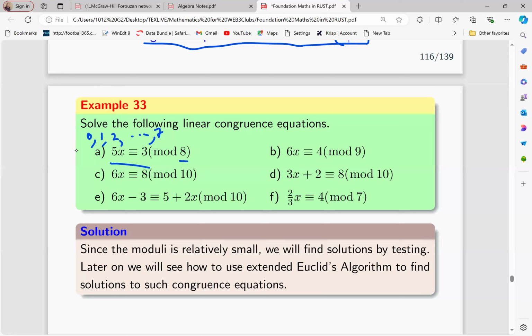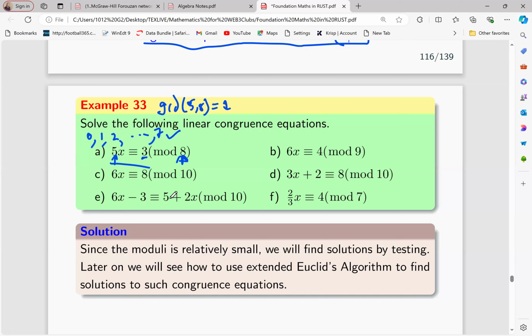Now let's try this. Of course, the solutions will be part of this. But before that, we have to check what the GCD of 5 and 8 is. That GCD of 5 and 8 is 1, and 1 can divide 3. So therefore, this equation has one solution.